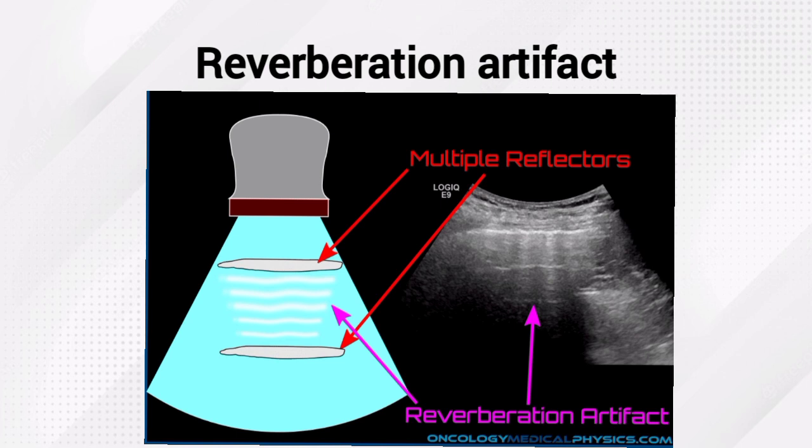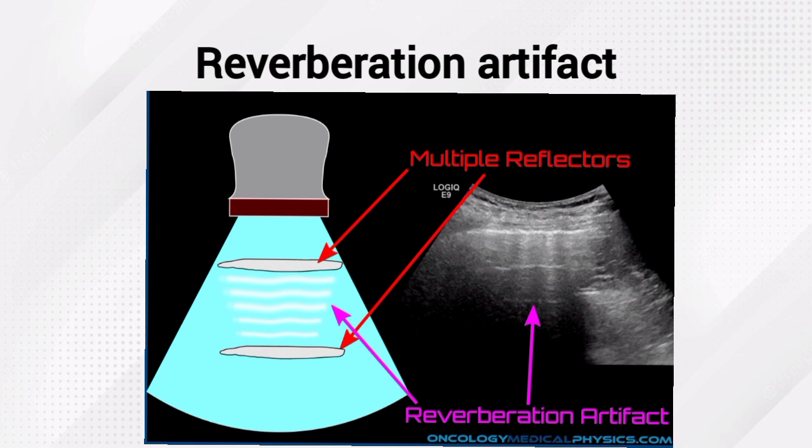Now, the first reverberation artifact is therefore twice as far from the skin surface as the original interface was from the transducer. Similarly, the second and even the third or more reverberation artifacts can occur until the energy in the ultrasound pulse becomes too weak to be detected.